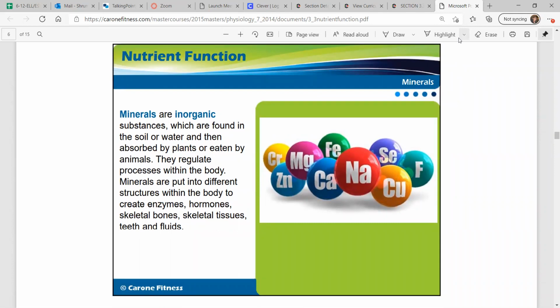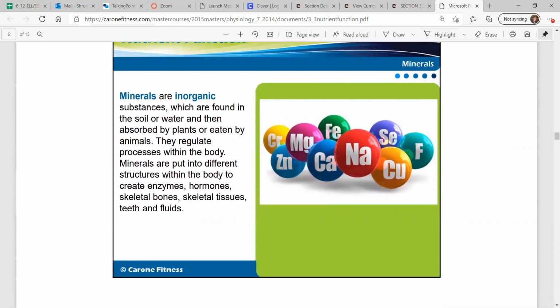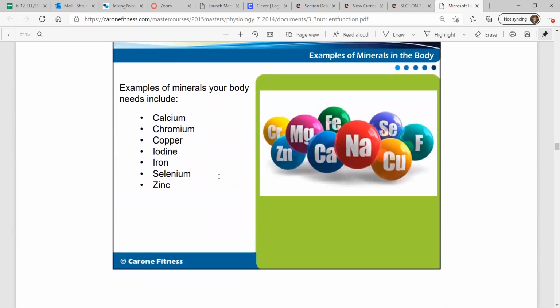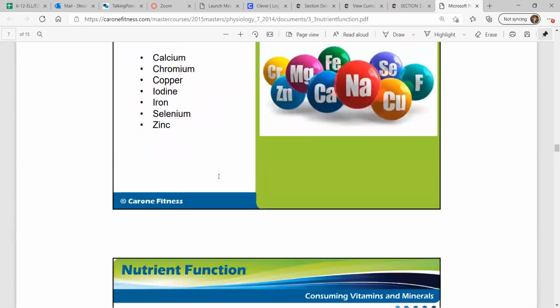That's how that happens. And they regulate processes within the body. Minerals are put into different structures within the body to create enzymes, hormones, skeletal bones, skeletal tissues, teeth, and fluids. Examples of minerals your body needs include calcium, chromium, copper, iodine, iron, selenium, and zinc.